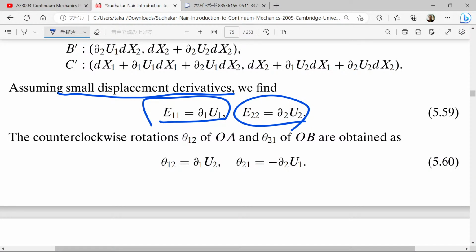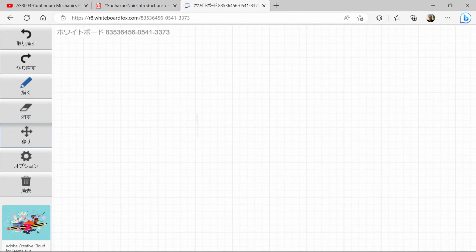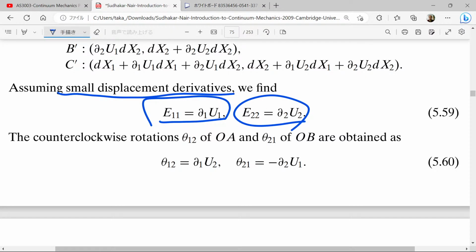Counterclockwise rotation theta 1, 2 of OA, theta 2, 1 of OB are obtained as follows. See, this one you can do. You have OA. Look at this.